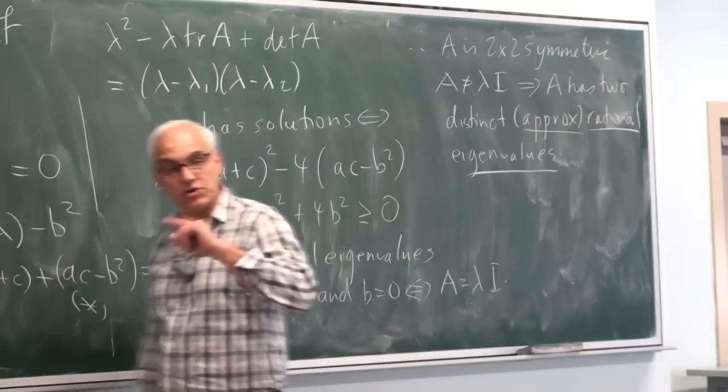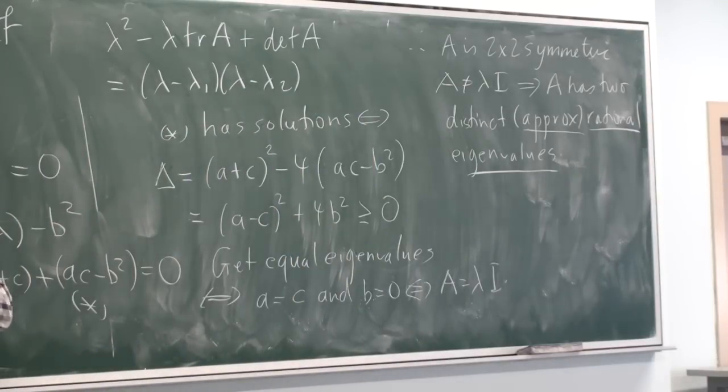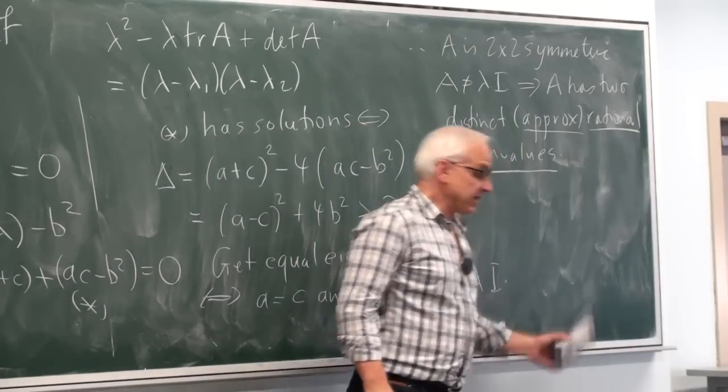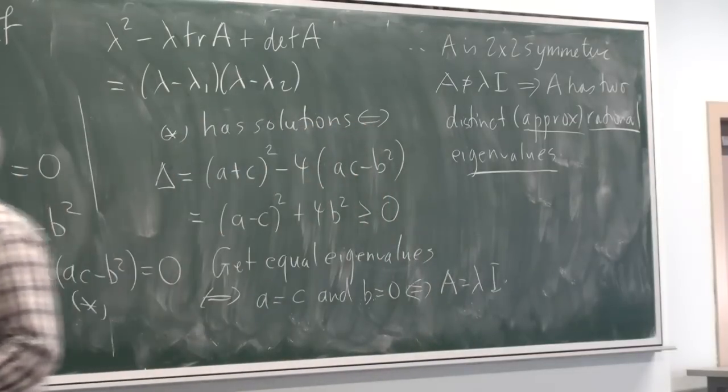In other words, we don't have to go to the complex numbers. We can just stay over the real field, if you believe in such things, or in the approximate rational field. So that's an important property of the 2 by 2 symmetric matrices.